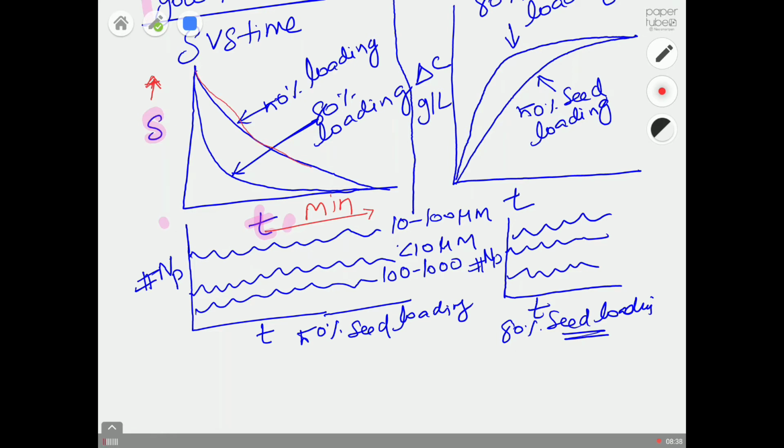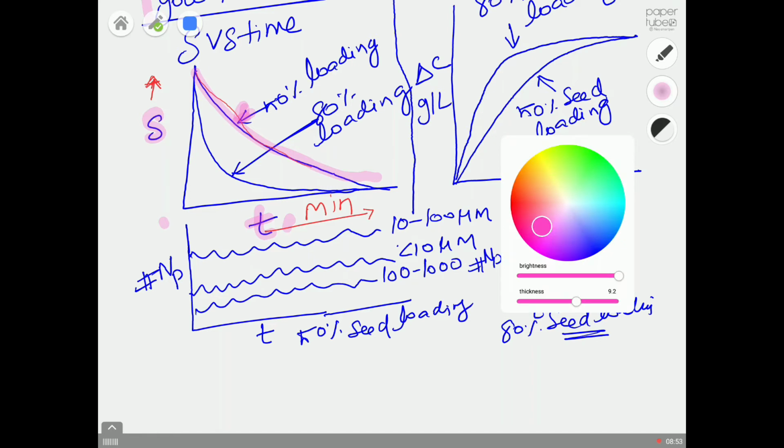Let me change to the highlighter. This first one will be the results from the 50% seed loading, which is your first experiment. And the second one, follow the blue highlight, will be the results that you obtained from the second experiment, where your seed loading is equal to 80%.